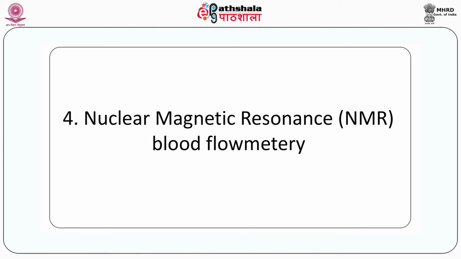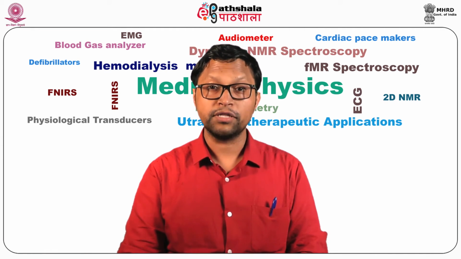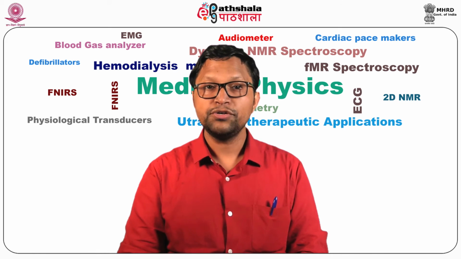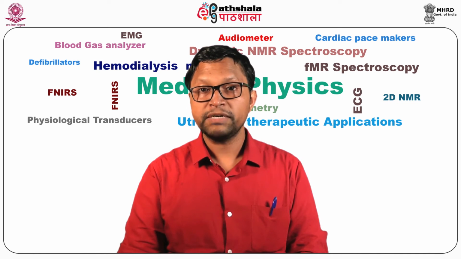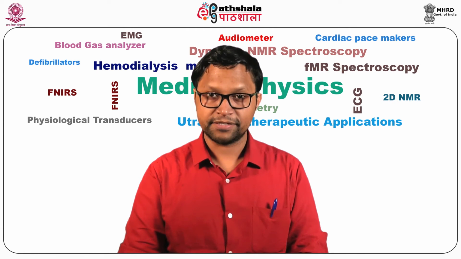NMR is used for blood flowmetry in various organs and tissues. The nuclear magnetic resonance technique is based on the measurement of behavior of the hydrogen atoms of water present in blood. Due to magnetic moment of the hydrogen atom, the nucleus behaves as a small magnet.